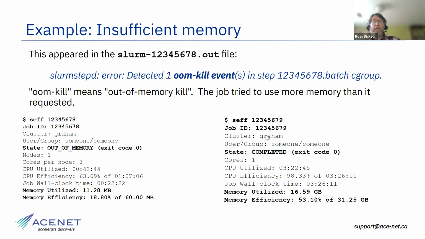Second example, right-hand side of the screen. Job 679. Completed, memory utilized 52%. There's actually nothing going wrong with this one. If this job died, it was not because it ran out of memory. So you can sort of conclude the negative there, and you should be looking for some other problem.